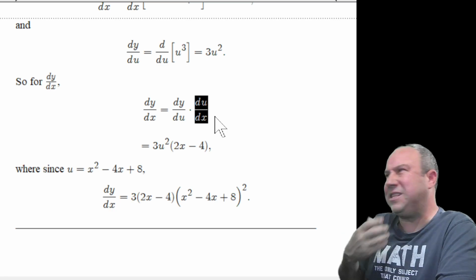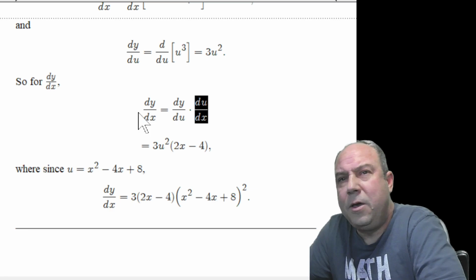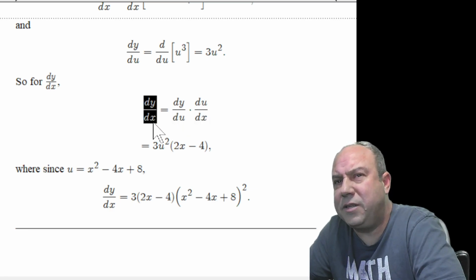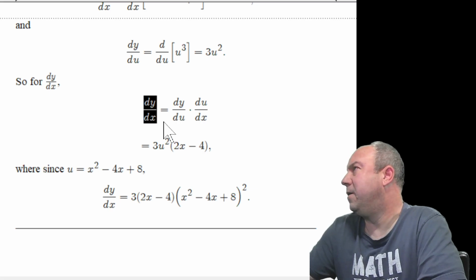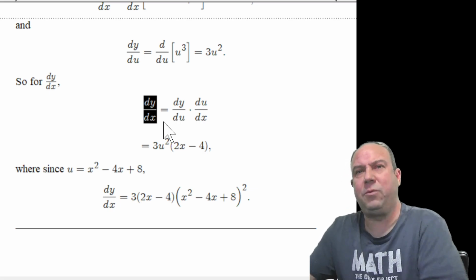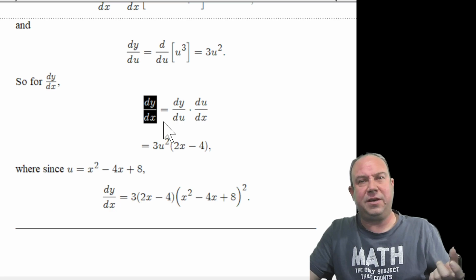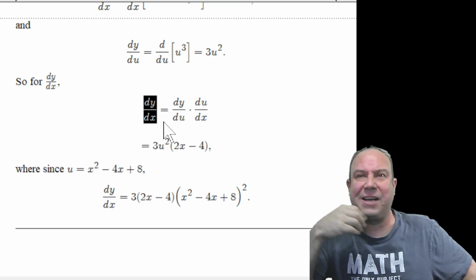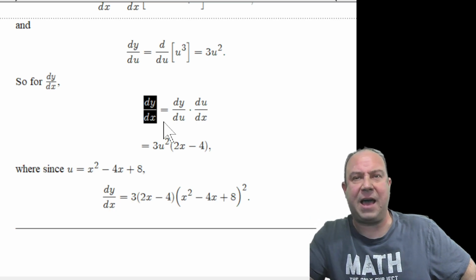And notice, this is what's nice about Leibniz notation. We are looking for dy dx, where we are expressing this in a rational form, which Leibniz did with his derivatives. He expressed them in this rational form, the dy over the dx in general for y equal to f of x.